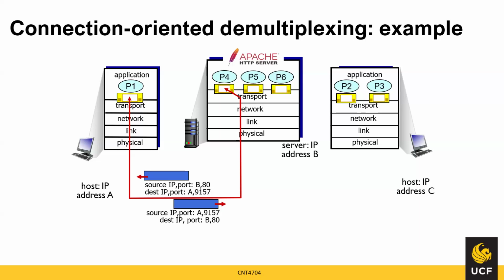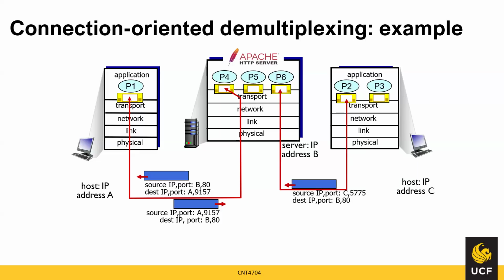That is the local port being used by P1, and for the destination IP B, which is the Apache server, the destination port is 80 because we are using HTTP. The reply from B to A, from the server back to the client, uses the source address B and its own local port number, 80. The destination IP is A, the receiver, with port number 9157.